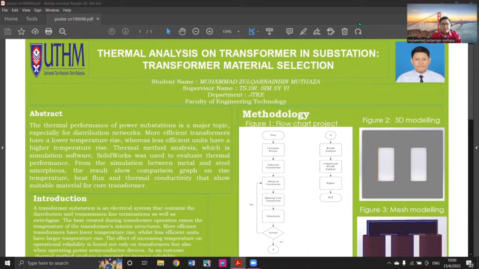Thermal analysis, using simulation software SolidWorks, was used to evaluate the thermal performance. From the simulation between atmosphere metal and atmosphere steel, the result will show a comparison in graphs of temperature, heat flux, and thermal conductivity to show the suitable core material for the transformer.